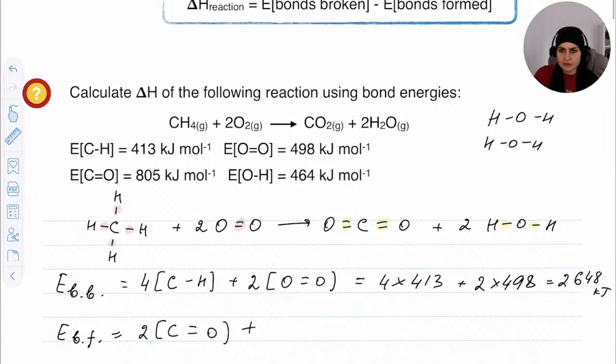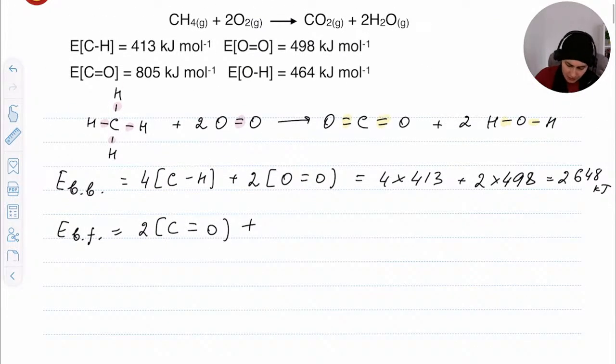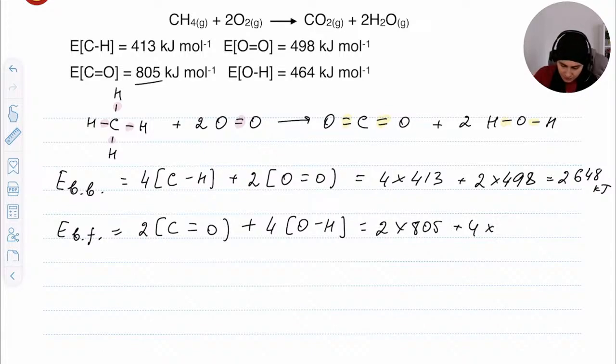It's 1, 2, 3, 4 bonds. So not 2 but 4 OH single bonds. Then plug in the numbers: 2 times CO 805 plus 4 times OH 464.